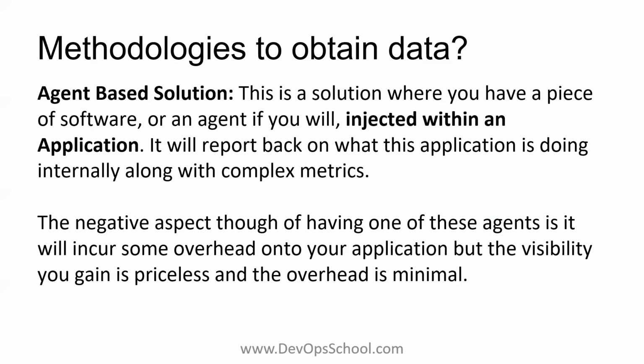If you have Python, then Python. PHP, then PHP. .NET means .NET. That means this agent is your code actually. See that. This is a solution where you have a piece of software, or an agent if you will, injected within an application. Which can be injected within an application? Only code can be injected within an application, correct now? All of you?